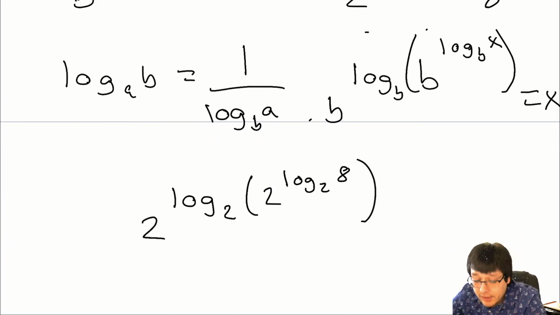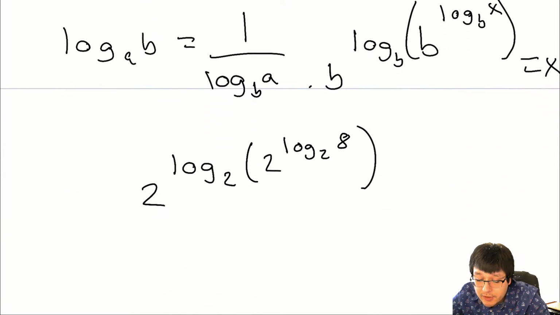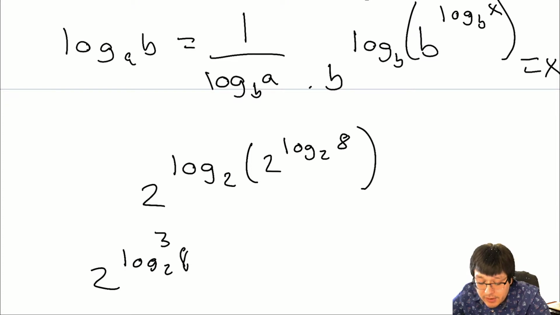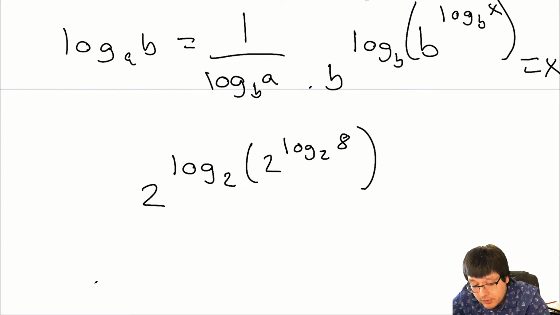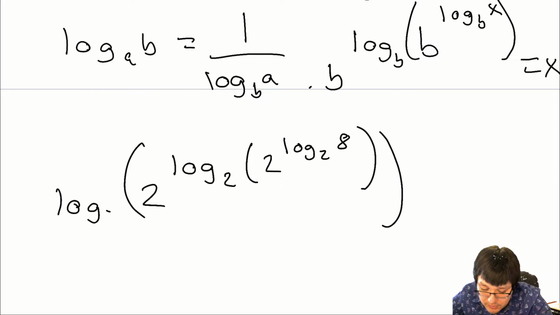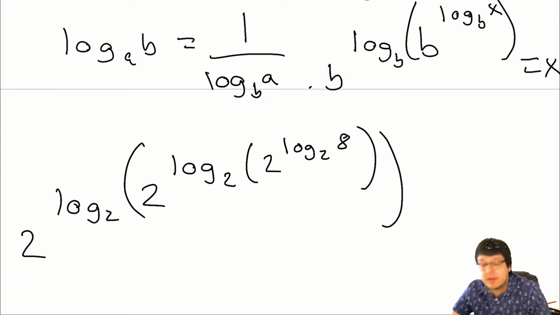This whole thing, we know the inner part, because we used it, is equal to 8. So then that simplifies to 2 to the log_2 of 8, which yet again is 3, and then 2 to the third is 8. So you could chain this forever if you want to, just to make somebody's life complicated. And it would always work.